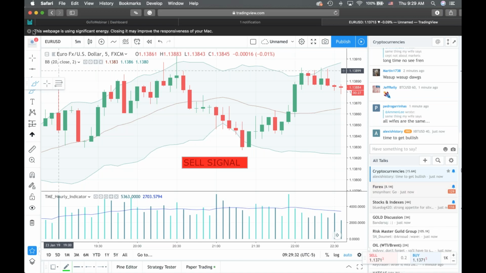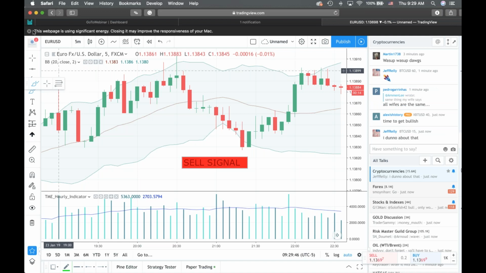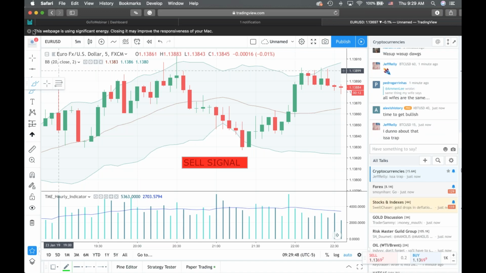When the price is overbought, it basically means that you have more buyers than sellers, and the probability of it reversing a little bit, even if just in the short term, is higher.